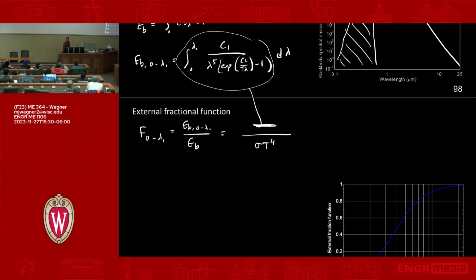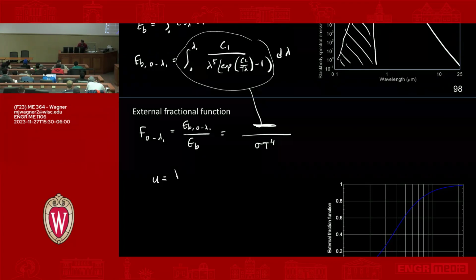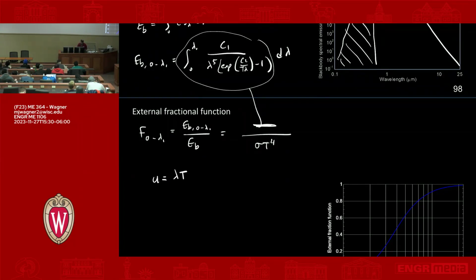Maybe it's not obvious why, but if I make the substitution u equals lambda T, I need to compute d lambda, because d lambda appears up here. d lambda is going to be du over T. Knowing these things, I can make that substitution into that integral.